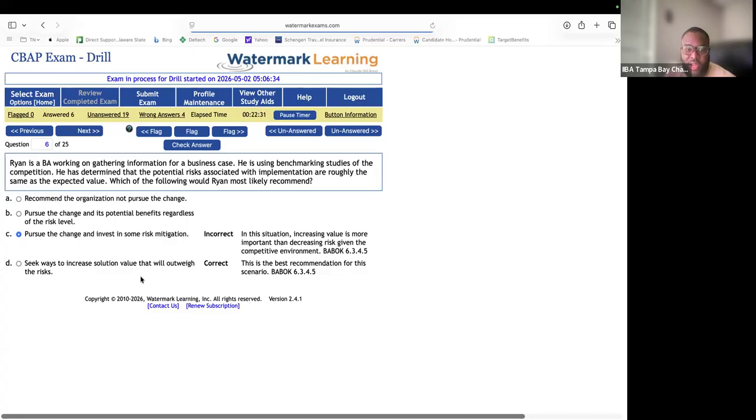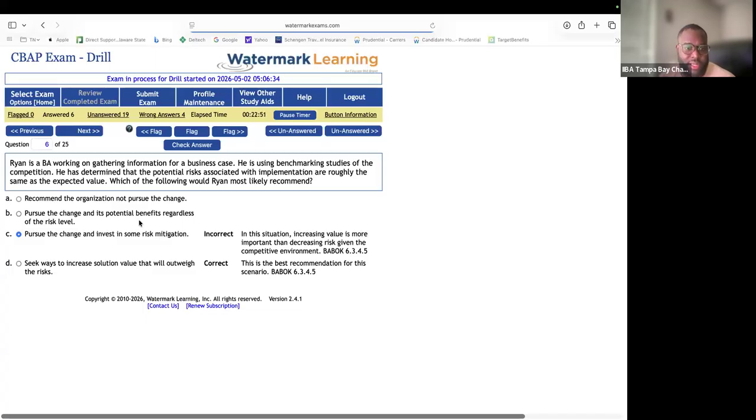So keep that in mind. Companies are always targeting the most value. If they implement something that has the same level of risk, the effort might not be considered and the project might be canceled. So they should find a way to increase the value.